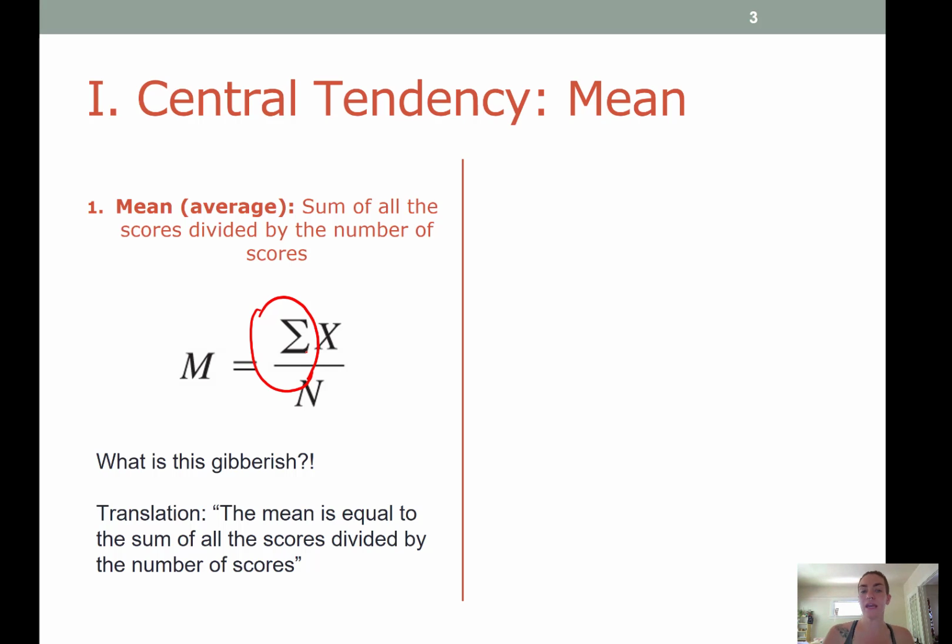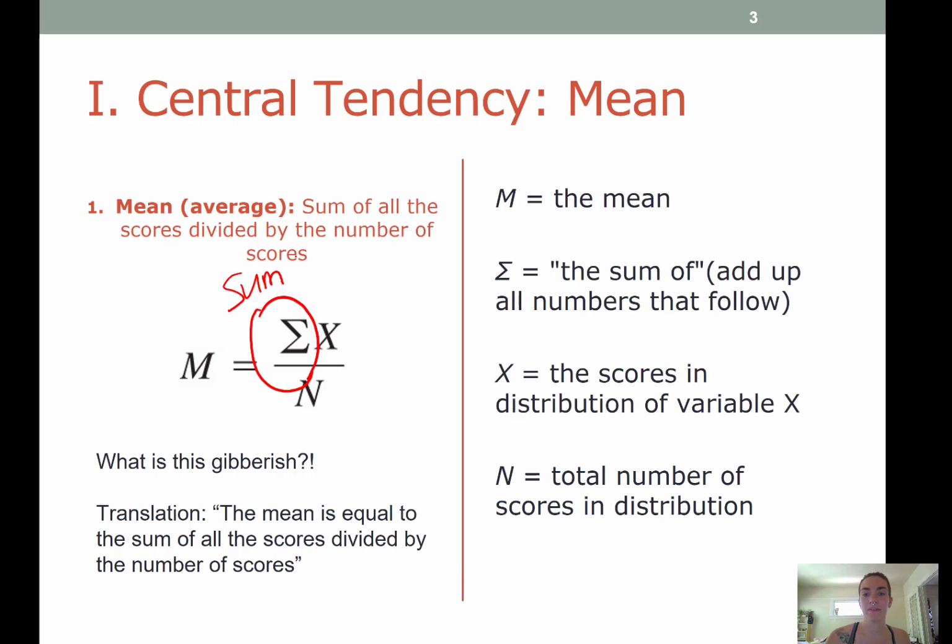So anytime you see anything after a big sigma, it means you're adding those things up. So we're taking the sum of X. And X in statistics usually refers to a set of scores. So we're adding up all of the scores in our sample for this variable. And then we divide by N. And N is the symbol that we use for the sample size.